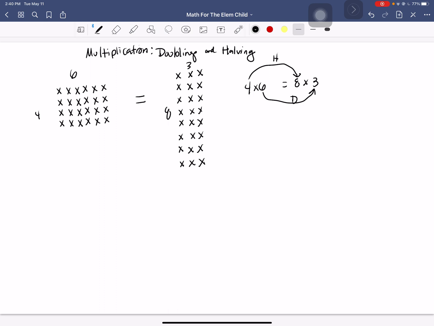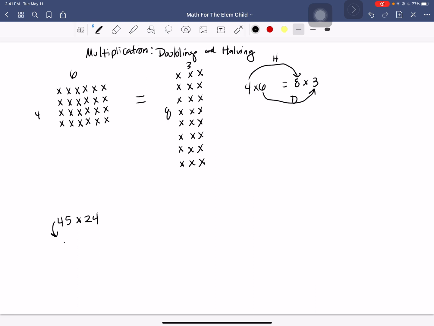And then if we do this problem, 45 times 24, we can't halve the 45 because it just doesn't reduce evenly, but we can double it.